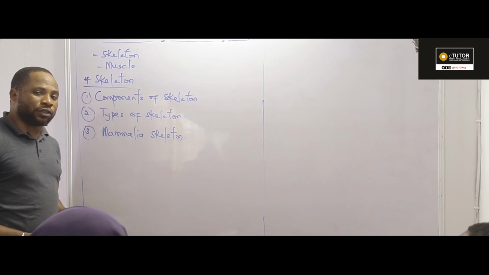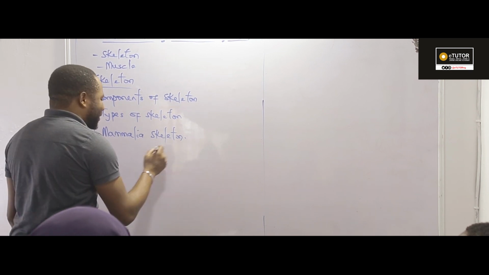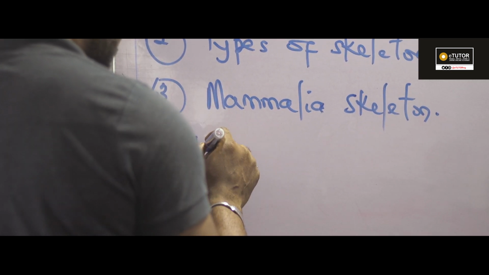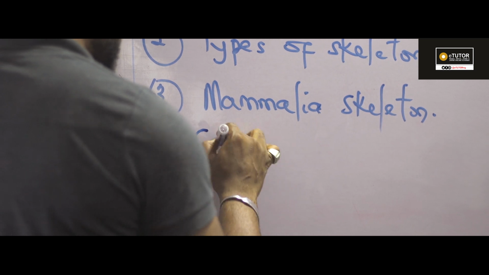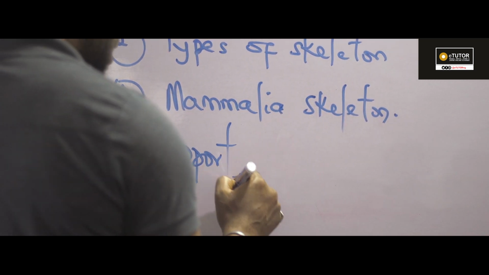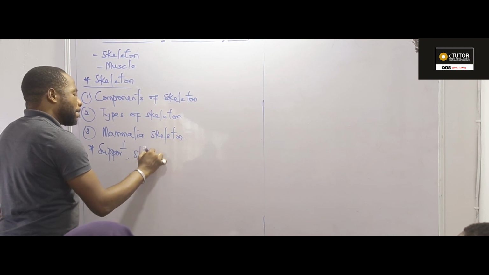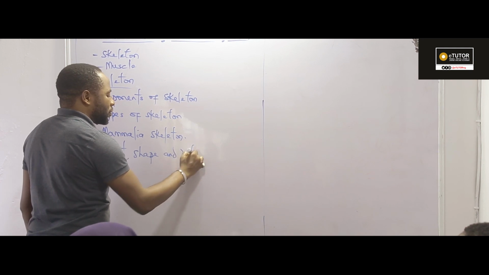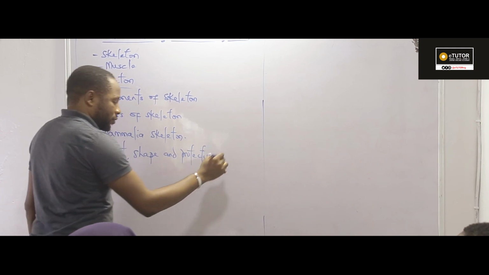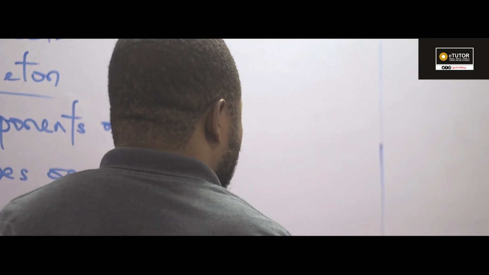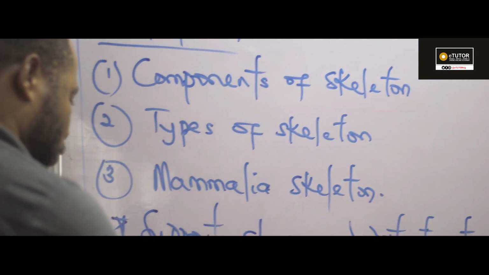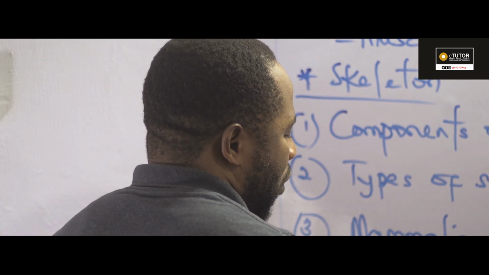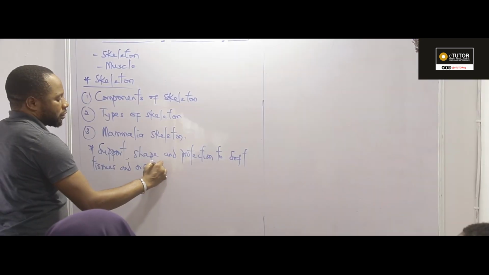Now, if you look at the definition, you'll see that skeleton helps to provide support, it helps to give shape and protection to soft tissues and organs in the body.